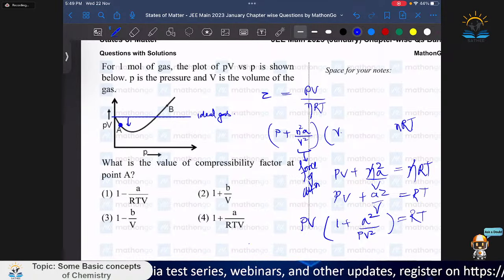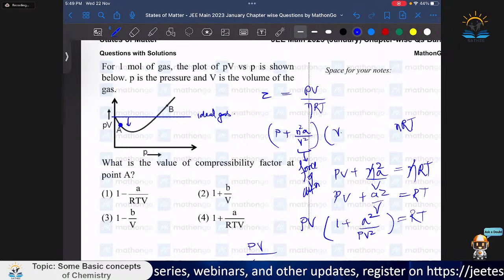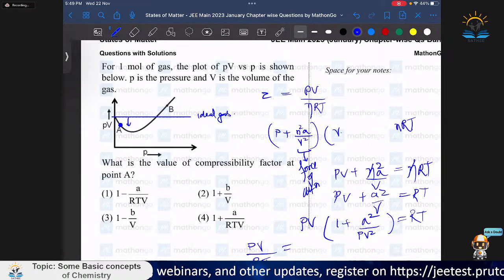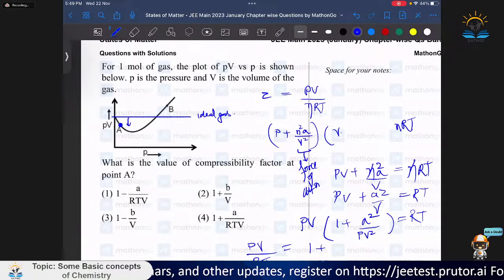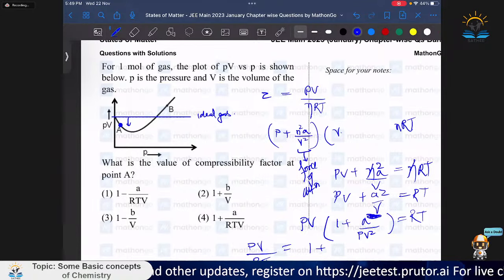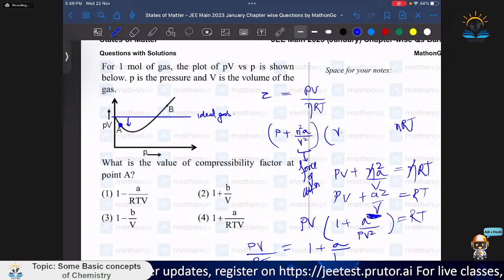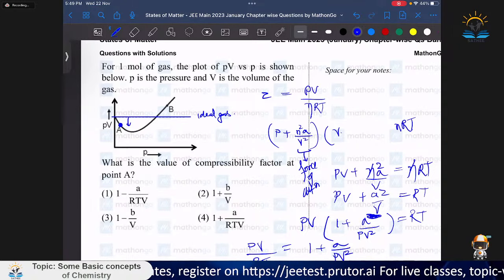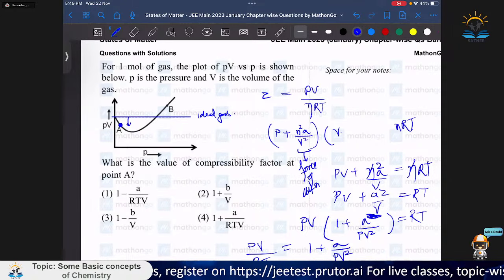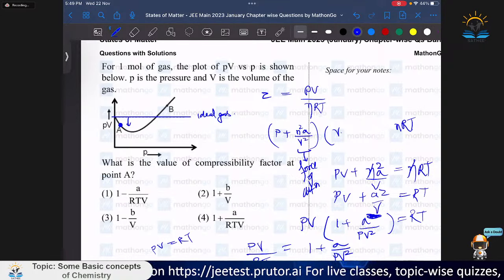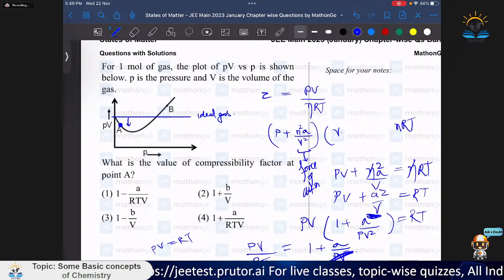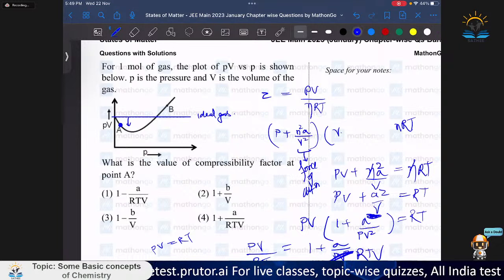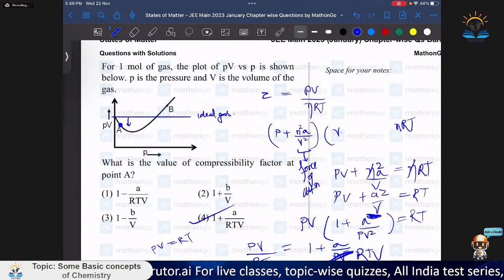So PV/RT is equal to 1 plus a/(PV²). And PV² is equal to, because we know PV is equal to RT, so PV² is equal to RTV. We have our answer.